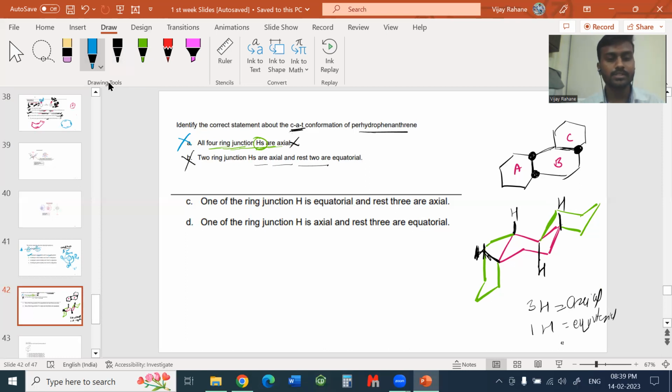The third option they have given is one ring junction hydrogen is equatorial and the rest three are axial. Yes, this option is the correct option. The last option they have given is one of the ring junction hydrogens axial and the rest three equatorial. No, three are axial. So this option is also incorrect. So option C is the correct option.